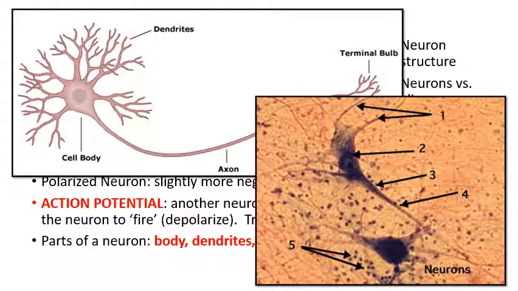These, by the way, are what neurons look like on a histology slide. I'm sure you've seen it. So there is the axon, and there are the dendrites.